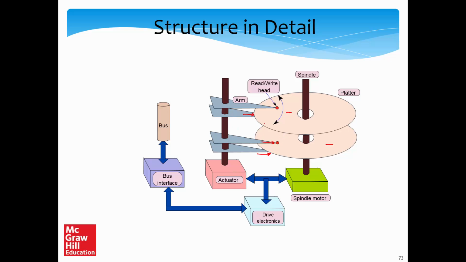And all of these heads, which are all connected via arms to this spindle over here, are connected to an actuator whose job is to rotate the heads a little bit anti-clockwise or a little bit clockwise, such that they align under the right track.